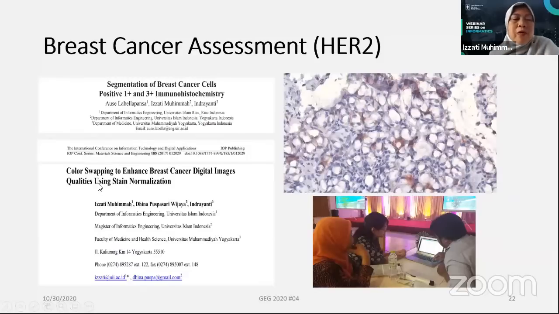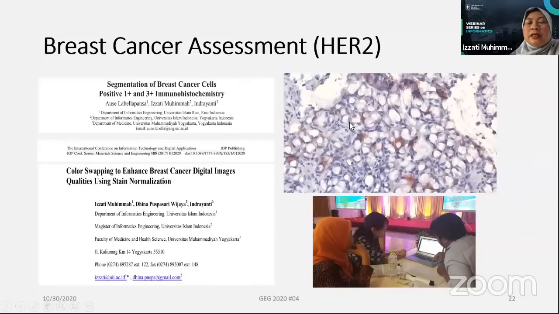For that, we have investigated that we can use color swapping to enhance breast cancer digital images. This idea we learned from Mr. Nasir Rajput of Warwick.